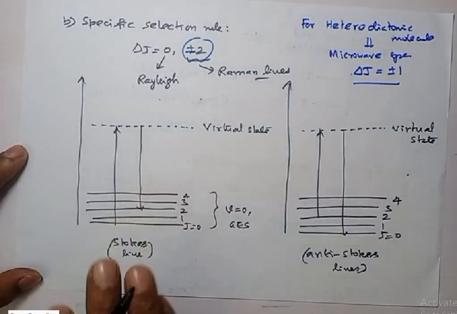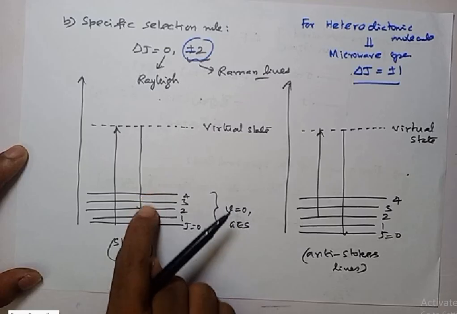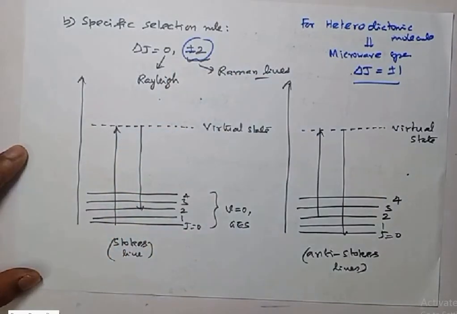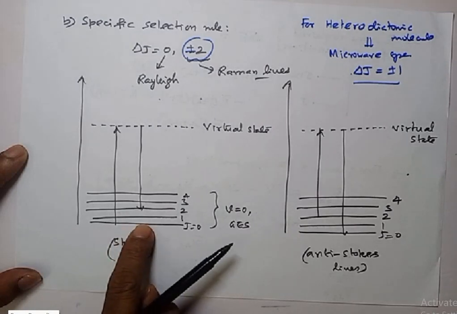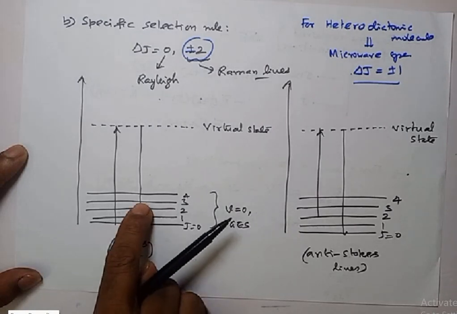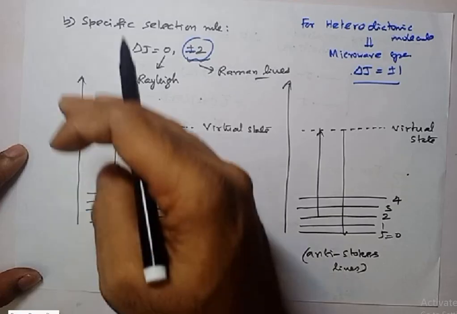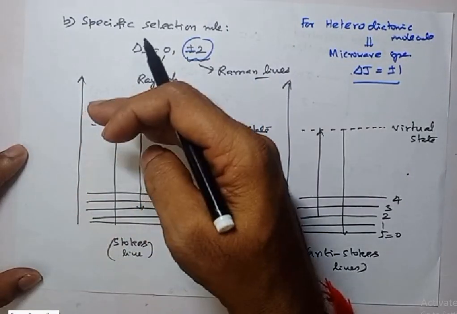Therefore, even at room temperature, many rotational states are highly populated. Molecules may be present in the J equals 0 level, J equals 1 level, J equals 2 level, J equals 3 level. So, population in many rotational states is very high.